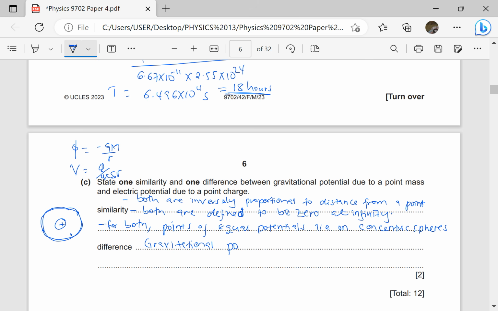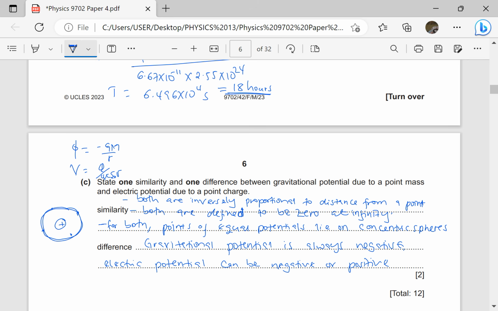Gravitational potential is always negative. Yet electric potential can be negative or positive.